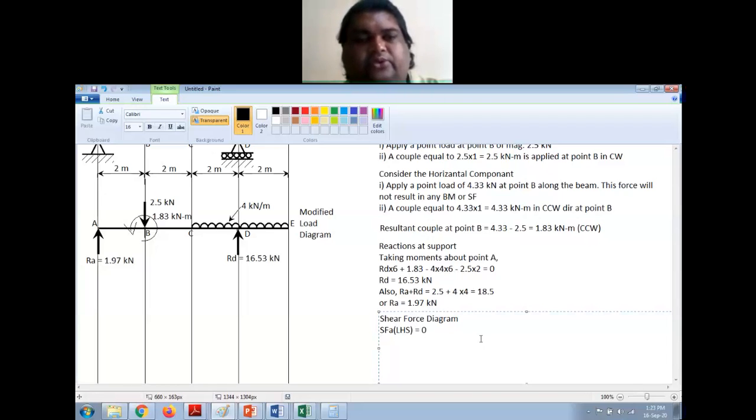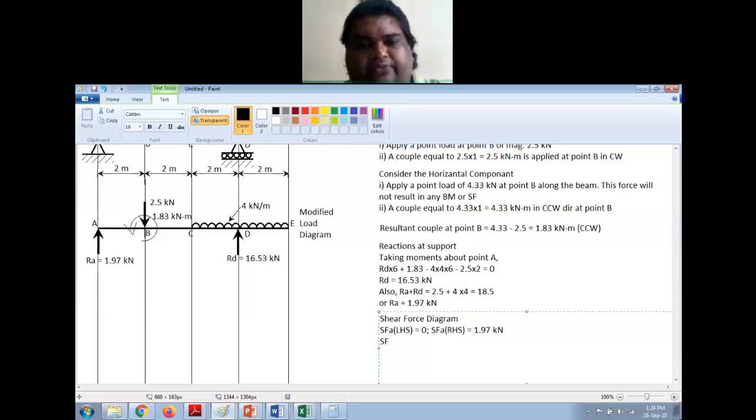You start from 0, then you have vertical force of 1.97. So SFA RHS, LHS RHS means on the left hand side of point A, immediately on the right hand side of point A, right? So suddenly at that point the force is increasing, is equal to, I have a positive force 1.97 kilonewton.